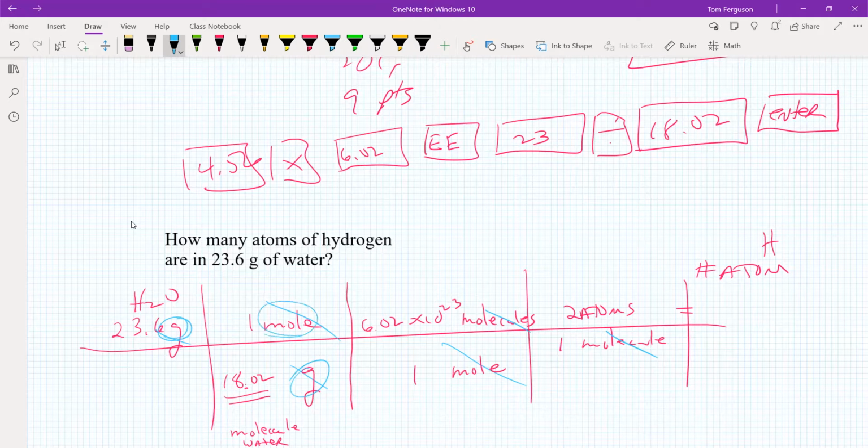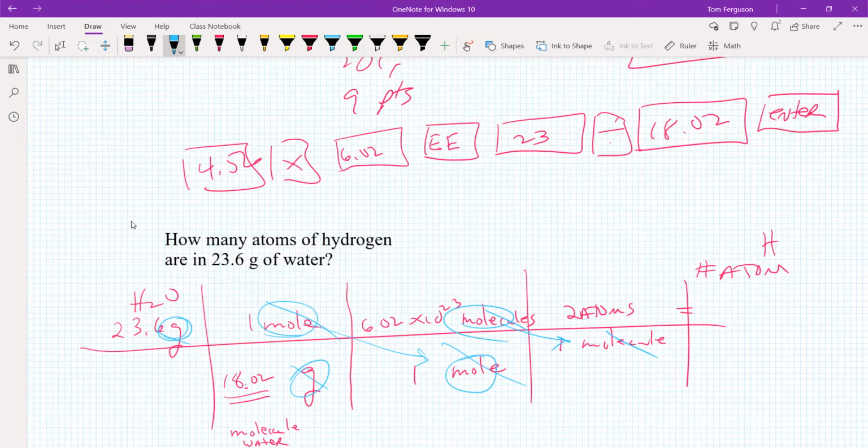We have moles here. We want to get rid of it so it's on the bottom here. Does that make sense? Because you always have a choice, because there's grams over moles, moles over grams. Was that your question? Yeah, that makes sense. Thank you.